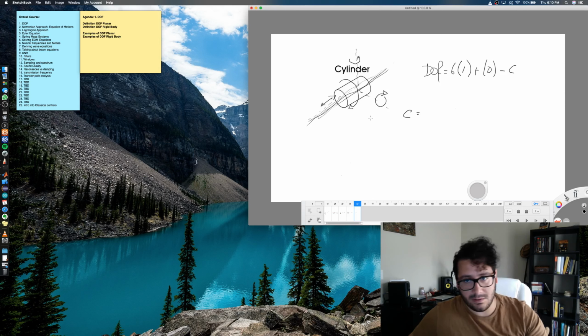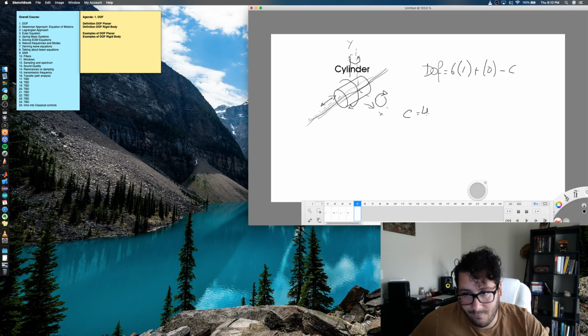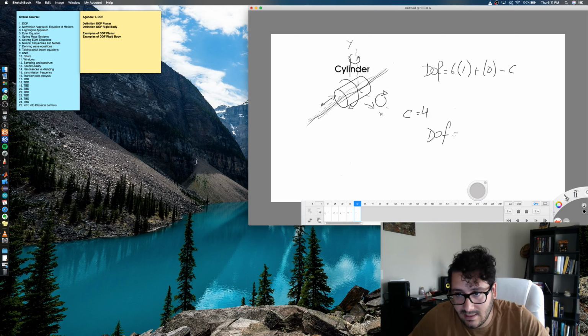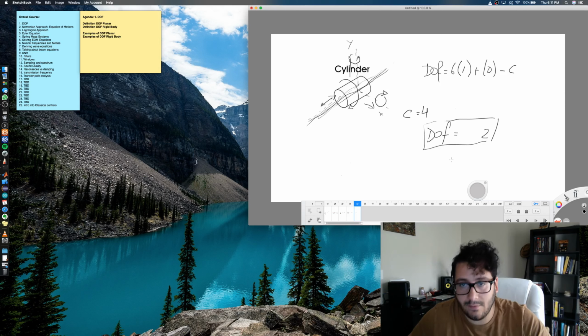So I have 2 constraints, right? It can move up and down, but it can't move in the x direction, and it can't move in the y direction. Therefore, I have 4 constraints. So that rigid body does have 2 degrees of freedom.